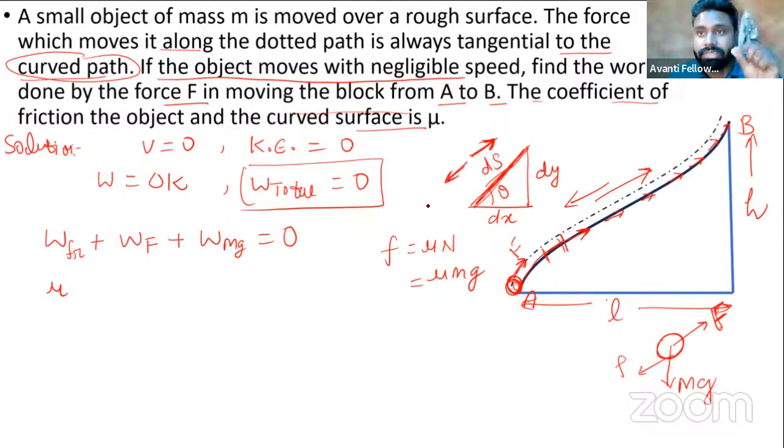Since the force we are applying is tangential, the friction force that is opposite to the motion is also tangential. So this is the direction of the friction force. So mu n dot ds, and to remove the dot ds we have to take the cos angle, which is nothing but minus mu n ds.